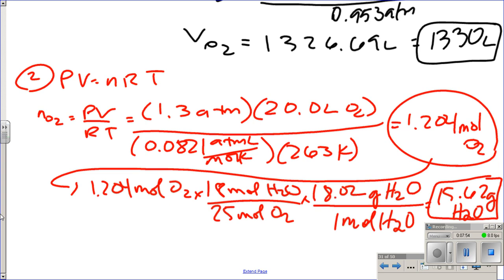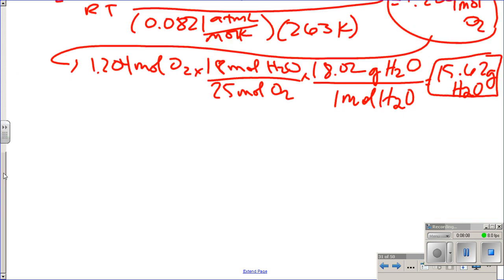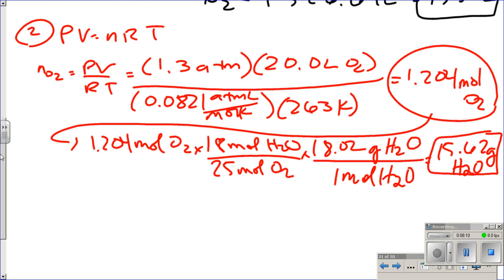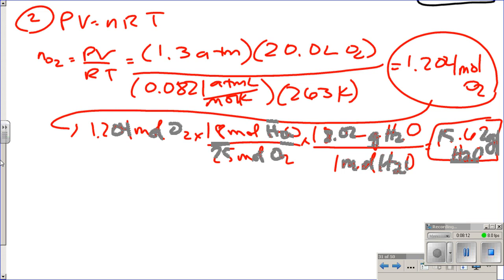Number 2, you could have converted to water moles first, or you could have solved for oxygen moles, and then converted. So either way, you're in good shape. So there's stoichiometry and gas laws in all of these.